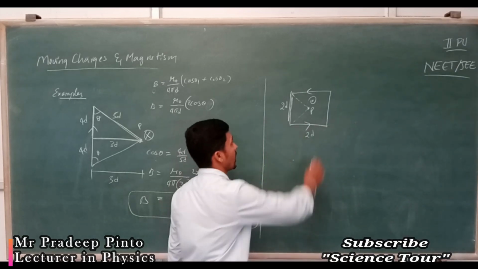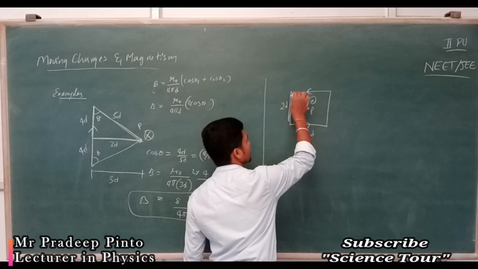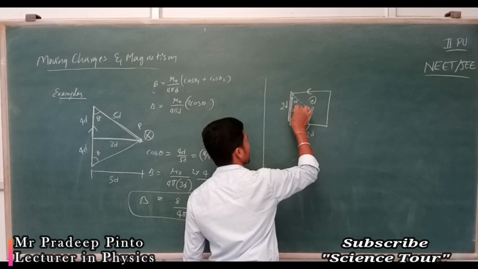So what I have to do is take the perpendicular distance so that this angle becomes 45, this angle 45, this 90.